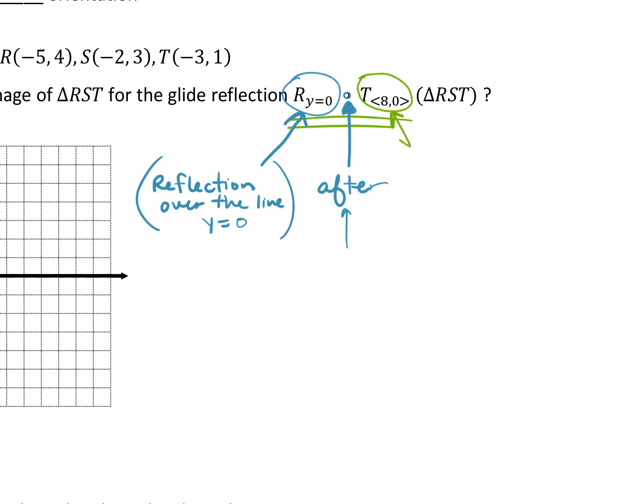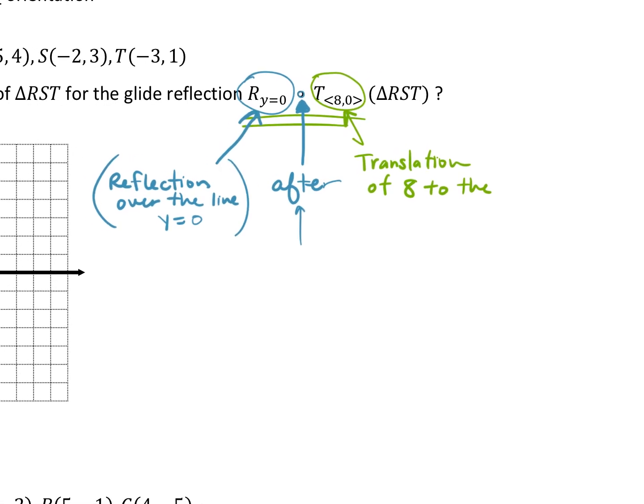What's the capital T stand for? Translation. And then R stands for reflection. A translation of 8 to the what? What direction are you going 8? To the right. 8 to the right, and 0 up and down.